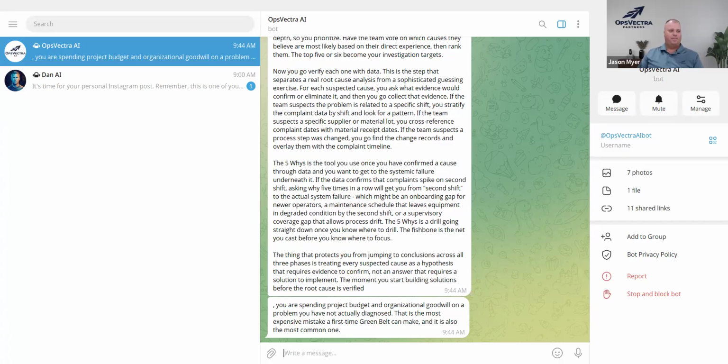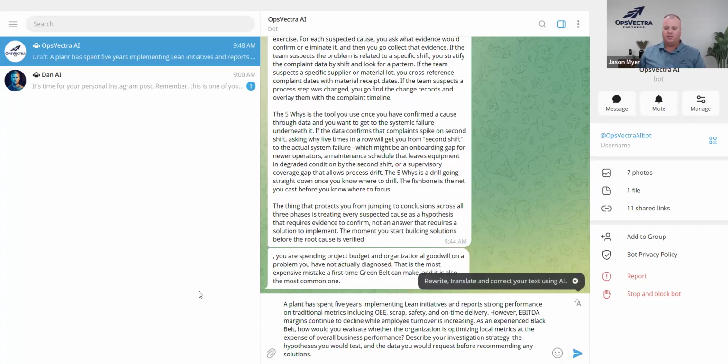So pretty good there. And then finally, we'll go with the third question here from chat. See what it says. This is the kind of black belt, more specific level, have more experience. A plant spends 5 years implementing lean initiatives and reports strong performance on traditional metrics, including OEE, scrap, safety, and on-time delivery.